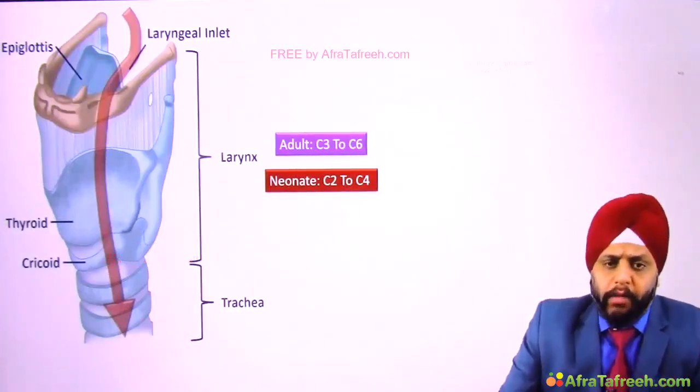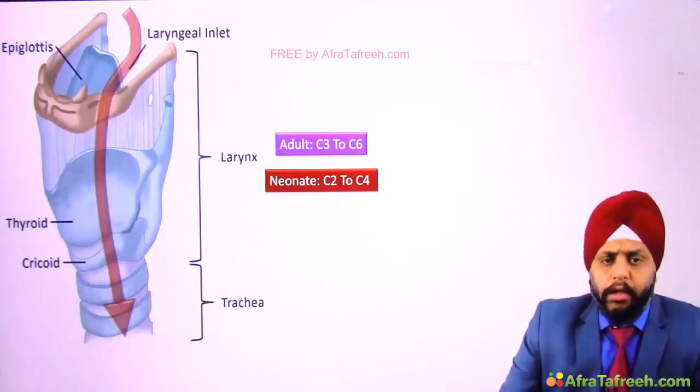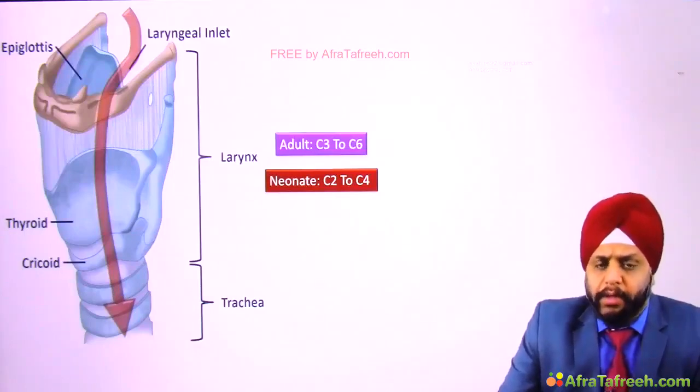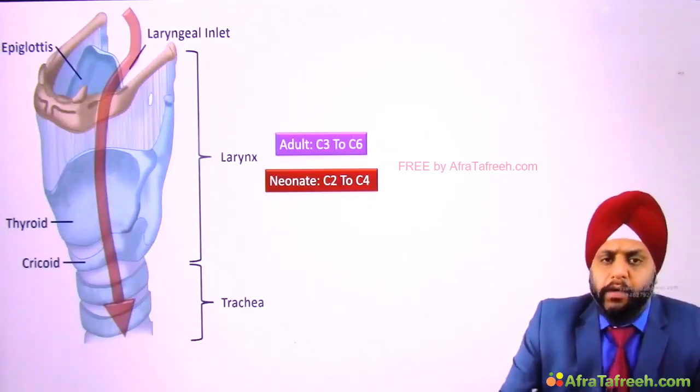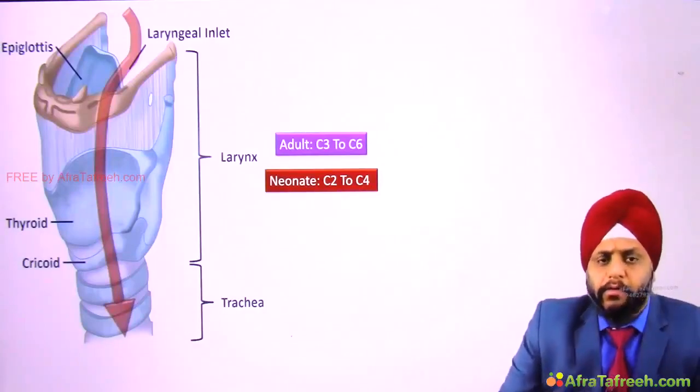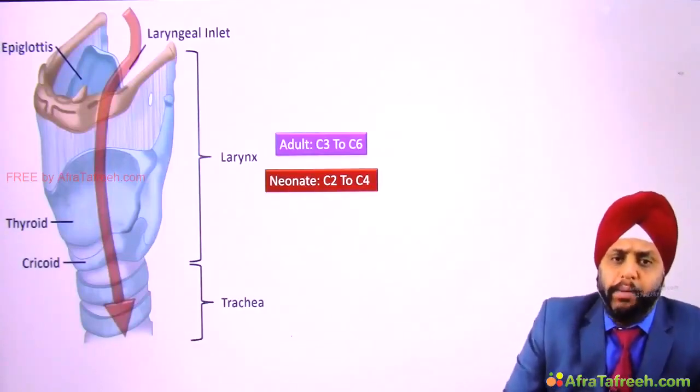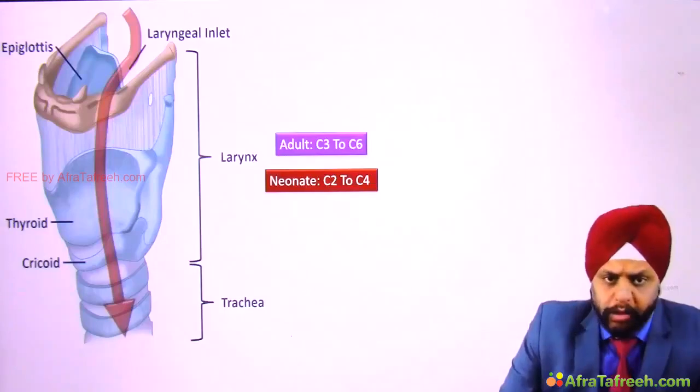Adults cannot eat and breathe at the same time. If we try to do that, the food or the water will go into our airway and that will induce a coughing reflex. That's because our larynx is situated lower as compared to the larynx of a neonate.